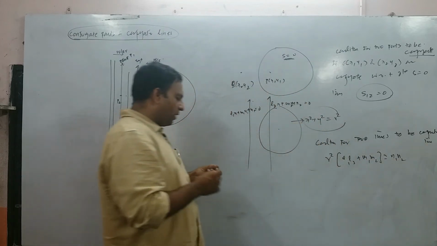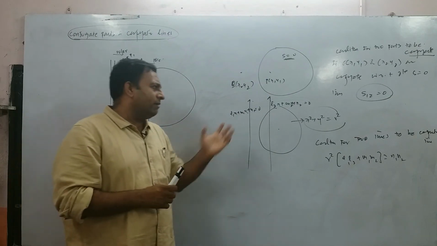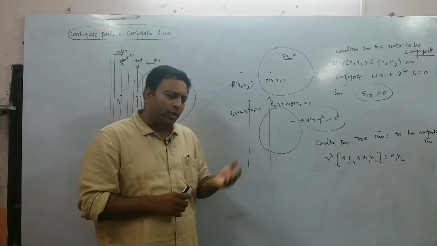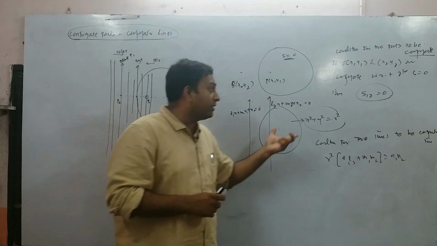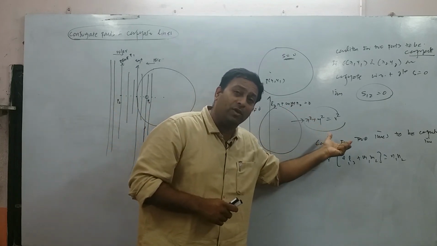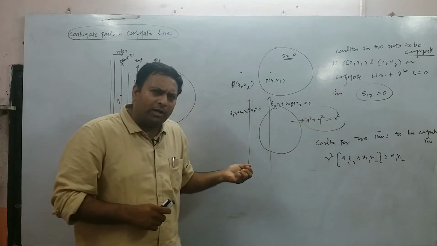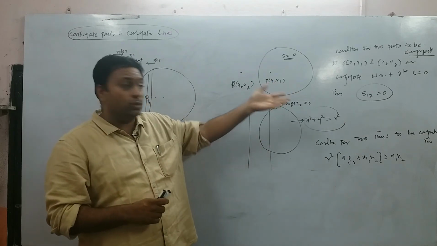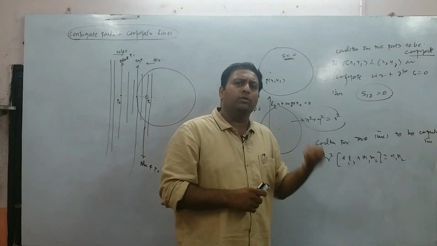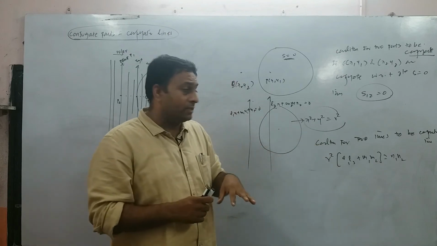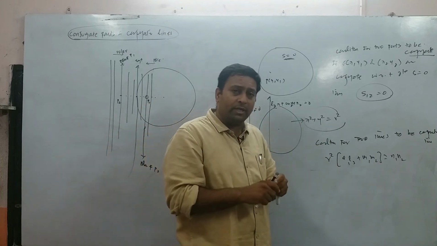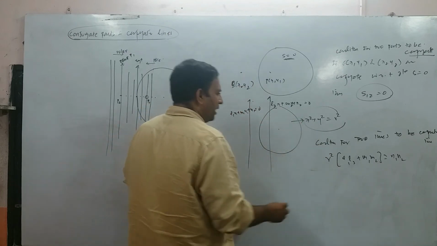If 2 lines l1x plus m1y plus n1 is equal to 0 and l2x plus m2y plus n2 is equal to 0 are conjugate with respect to the circle x square plus y square is equal to r square, then the condition is r square (l1 l2 plus m1 m2) is equal to n1 n2. You need to remember, because VSAQs or entrance examination questions will be directly asked. And if the circle is not a simple circle, something other than that, you have the condition for that also.